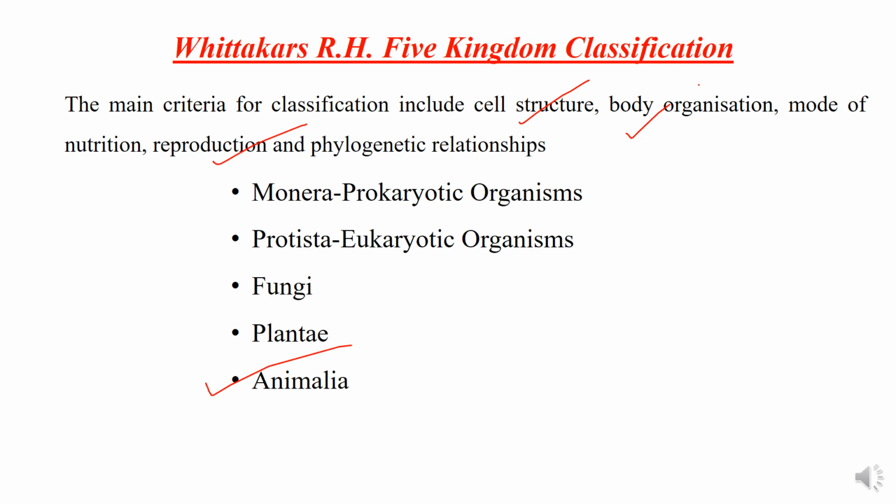Fungi means all the fungal classification, which I already explained in my previous videos. So all fungi are kept in the kingdom Fungi, and then Monera and Protista. So this is the 5 kingdom classification.